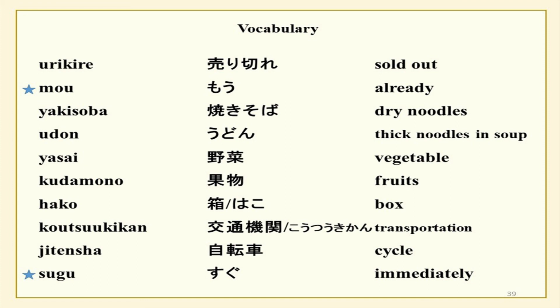Then if it is sold out, it is urikire desu. Then mo you have already done: yakisoba, udon, yasai, kudamono, hako, kotsuki-kan, jitensha and sugu. Sugu is an adverb over here, rest are all nouns. And make sentences with this, practice with your partner.